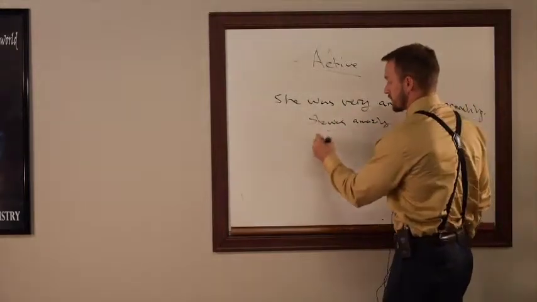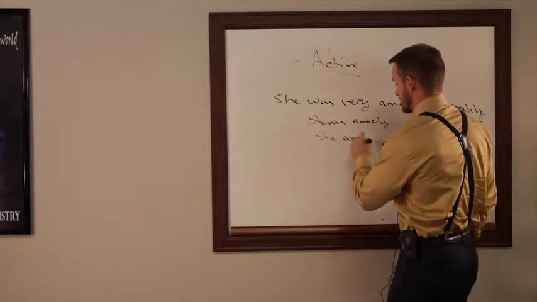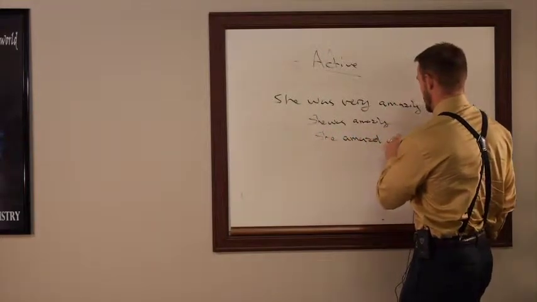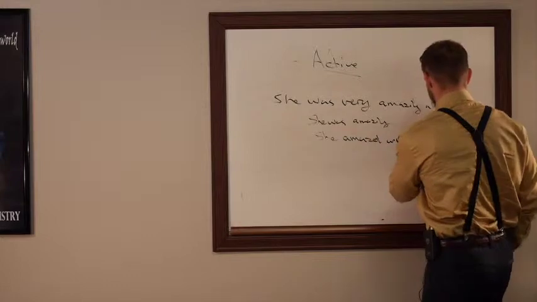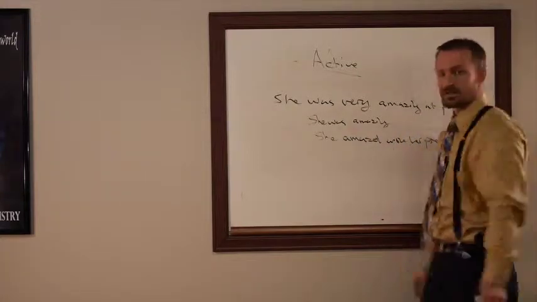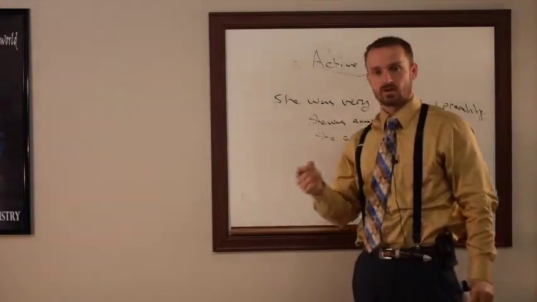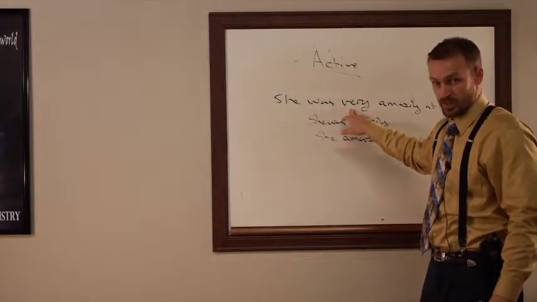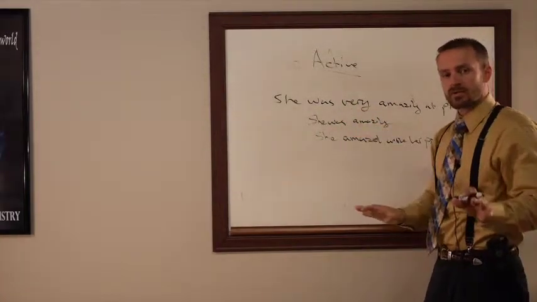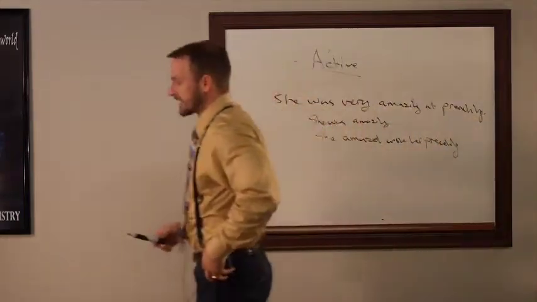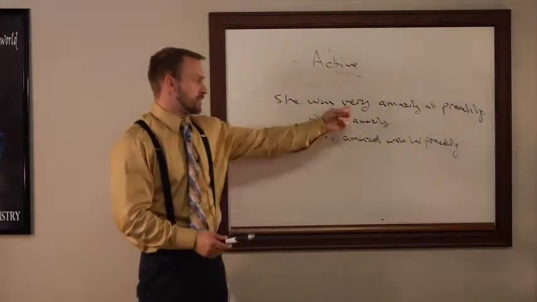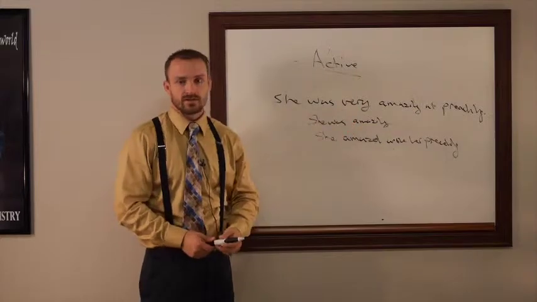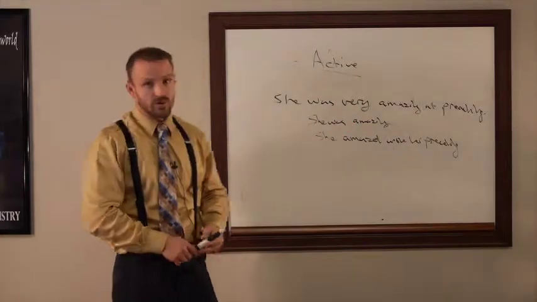Or another way you could say was, she amazed with her preaching. That's got more punch, more clarity. So a lot of times your first sentence is going to be something like this because that's how we talk. And so when you're going back in and doing your revising and your rewriting, you're looking for places where you put in things like very, or, you know, he really was sure a great guy.